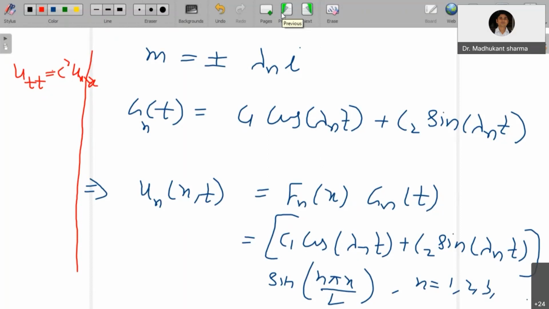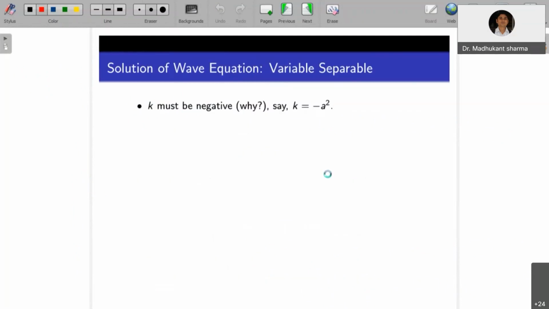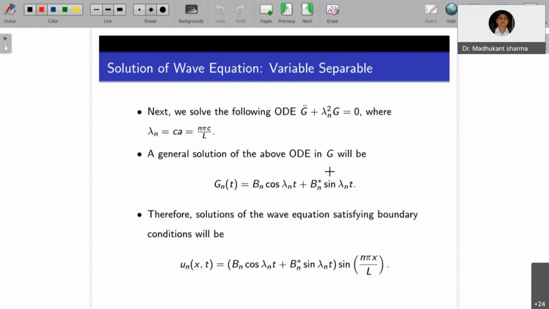We have also associated names to this u_n and lambda_n, and we are going to call them eigenfunctions and eigenvalues.